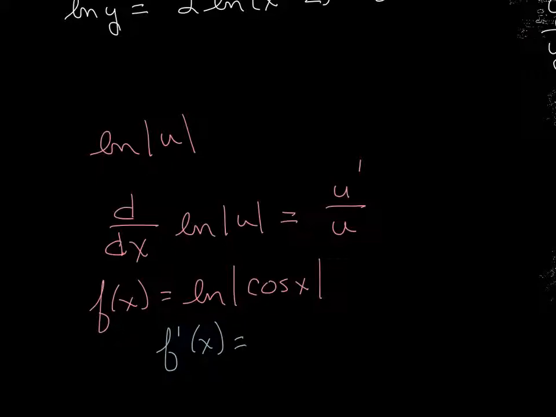So the derivative of a cosine is a negative sine of x over the cosine of x, and that equals a negative tangent of x.